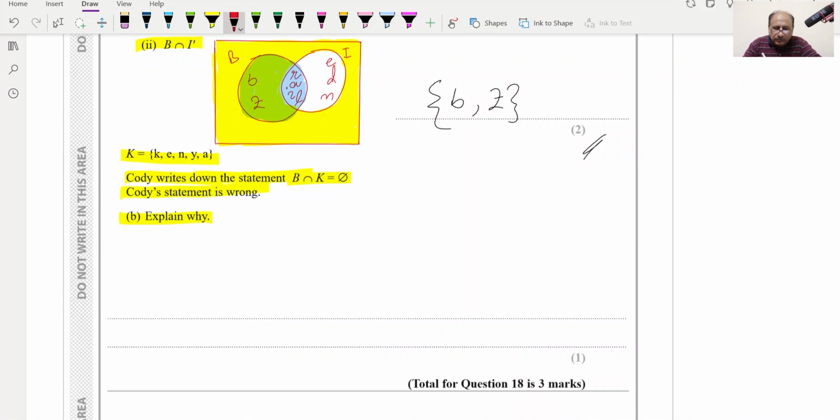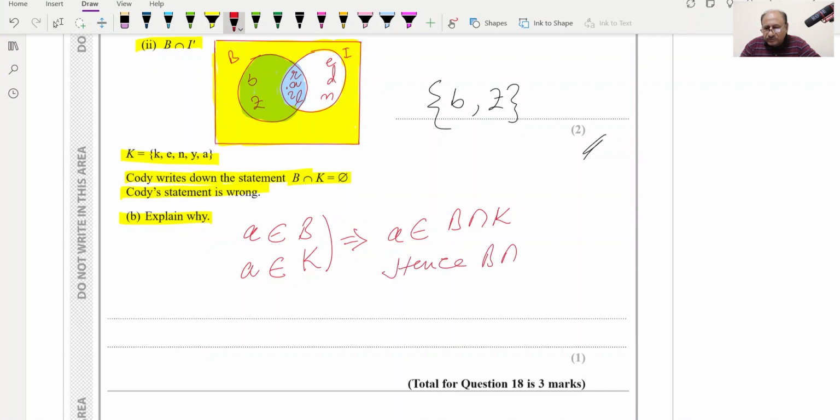If we check, A belongs to B, set B is containing A, and A also belongs to K. So A is there in B, and A is there in K as well. So this implies A belongs to B intersection K.